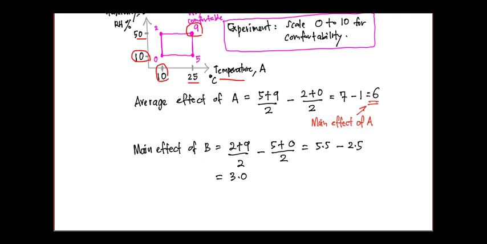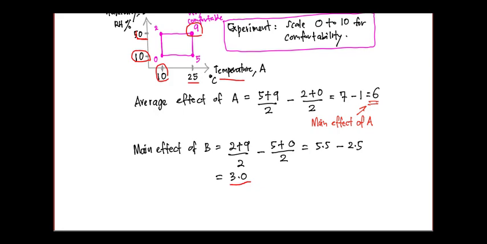Main effect of B, with a similar procedure, we can calculate the average value of the comfort level at this relative humidity minus the average value of the comfort level at this humidity, which will give us the main effect of B, or relative humidity, which is 3.